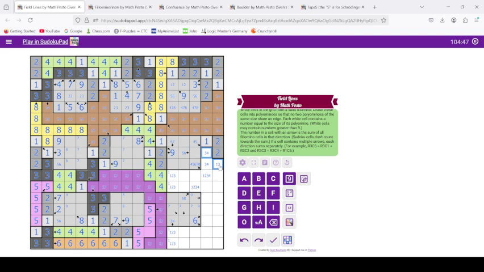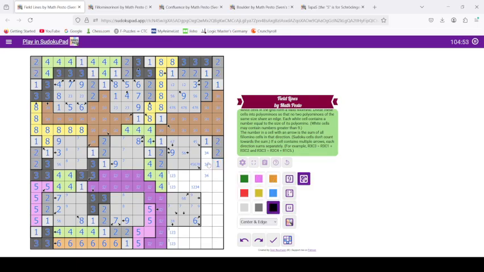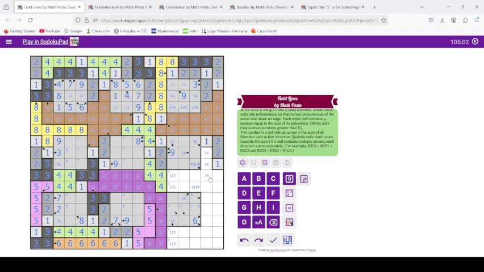4 or 5, this one cannot go here anymore, cannot be a 6, has to go here. 3 or 4 makes that a 1. This can still be a 6.